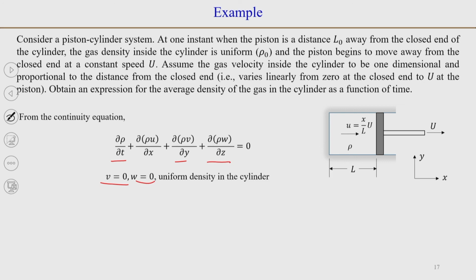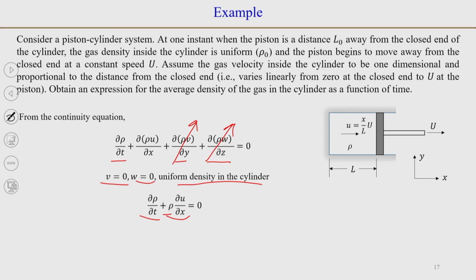The density is uniform in the cylinder, so rho is not a function of x. The third and fourth terms become 0, and we can write dou by dou t of rho plus rho dou u by dou x. Rho can come out of the differentiation because rho is not a function of x.